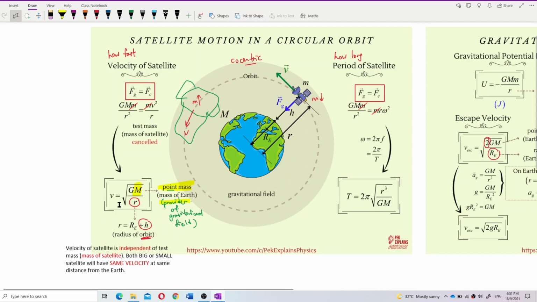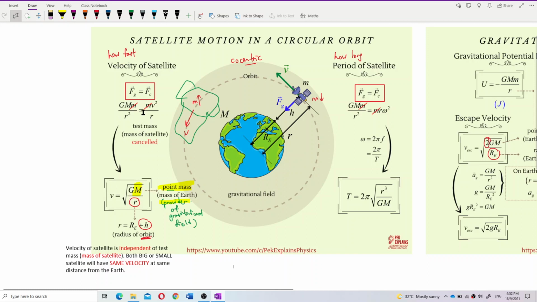The formula doesn't have the symbol for the mass of the satellite, because it was already cancelled when we built this equation.